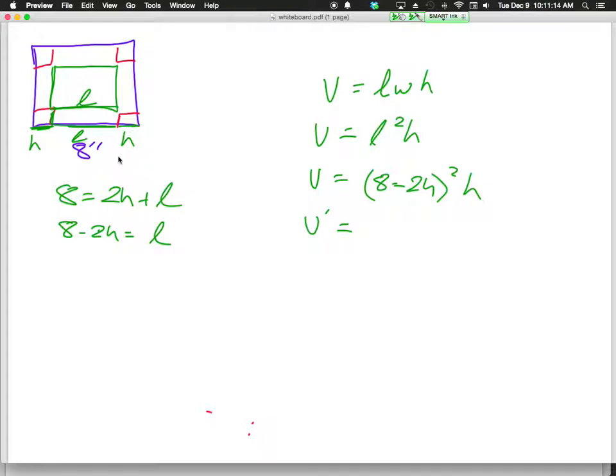If I'm not doing anything with time, I don't need the dV over dt or the dL over dt or the dH over dt. I can just take the derivative. So what am I going to do to take the derivative over here? Chain rule and product rule. So I need the first times the derivative of the second, which is 1, and then plus the second times the derivative of the first.